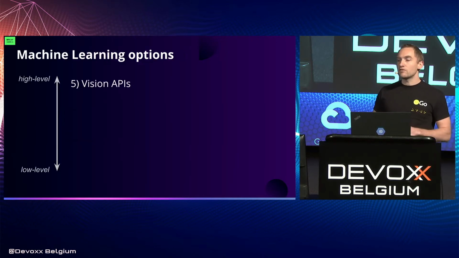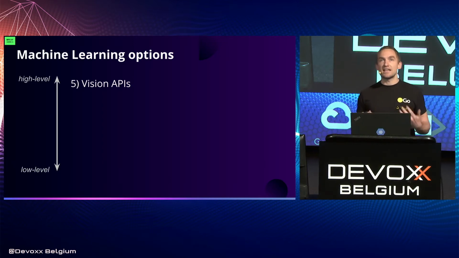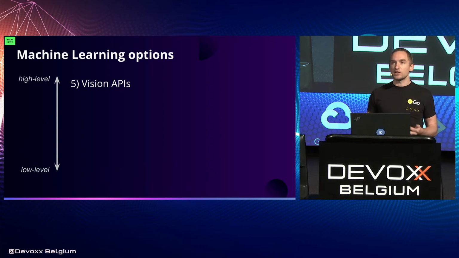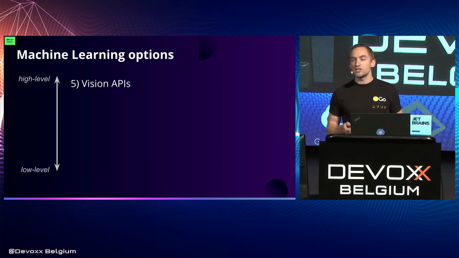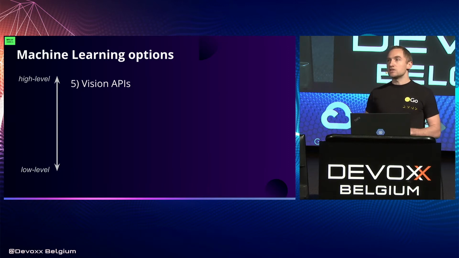So what do we have for machine learning options, specifically to get insight about pictures and to get predictions and inference? We have vision APIs. For example, Google Cloud Platform Vision API. What is it about?